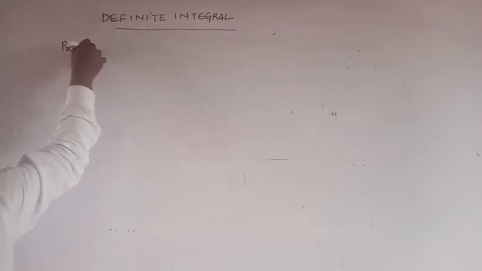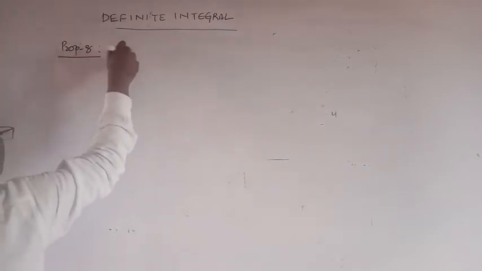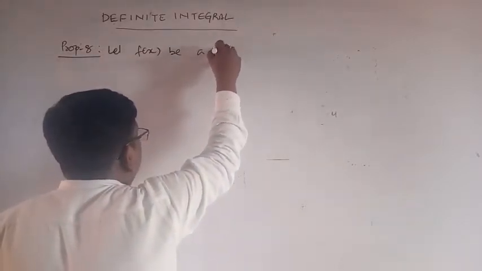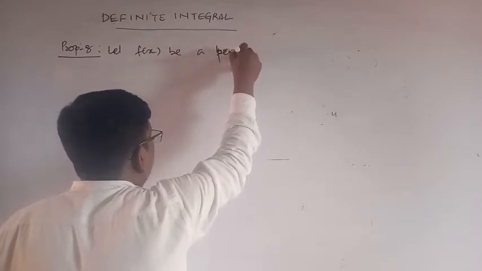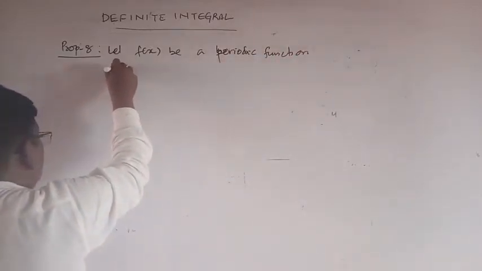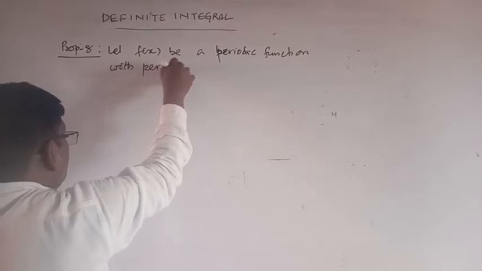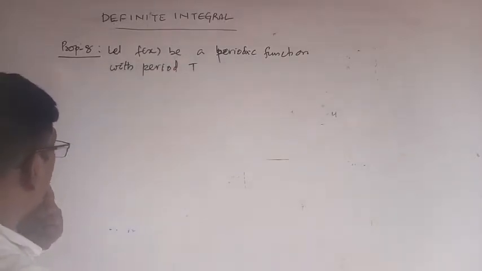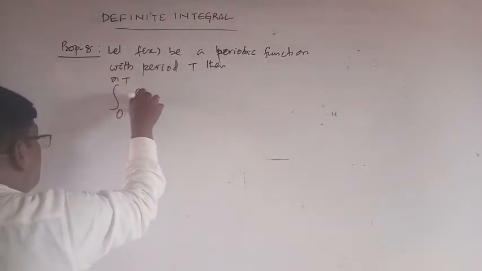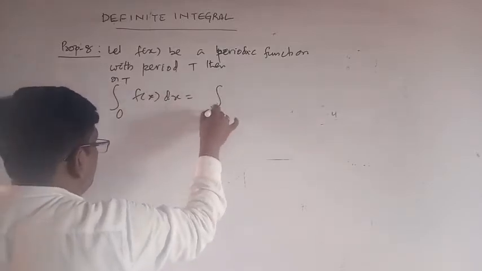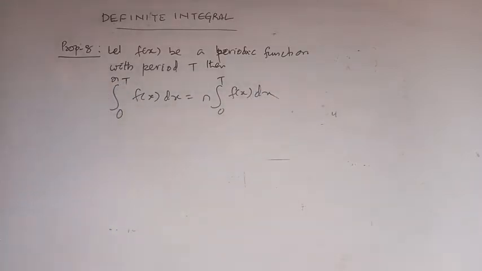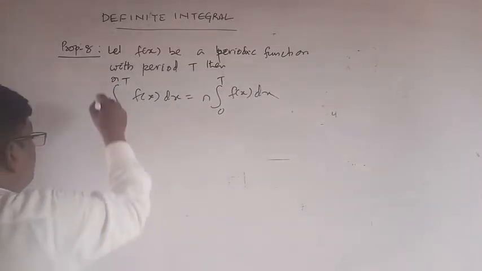Let f of x be a periodic function with period capital T. Then the integration from 0 to nT of f of x dx is equal to n into the integration from 0 to T of f of x dx. Okay, this is the property.